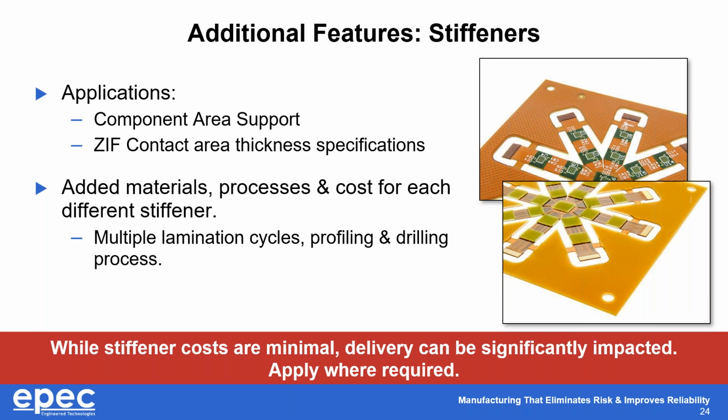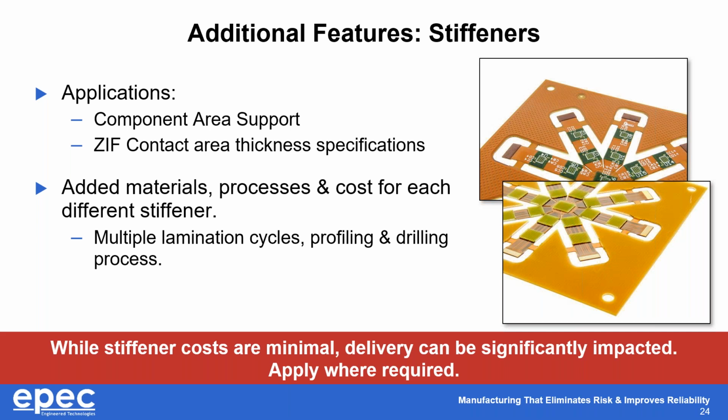And the other common requirement is to increase the thickness of the part to meet a specific zip connector thickness requirement. In the example we have on the screen here, on the underside, you can see the FR4 stiffeners supporting the component areas, the small BGA components, and at the ends of the flex extensions, you can see the darker polyimide stiffener applied to achieve the zip connector specifications.